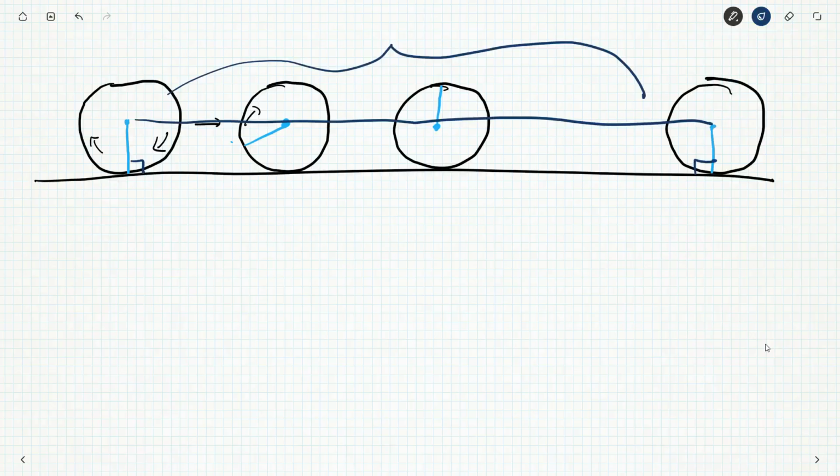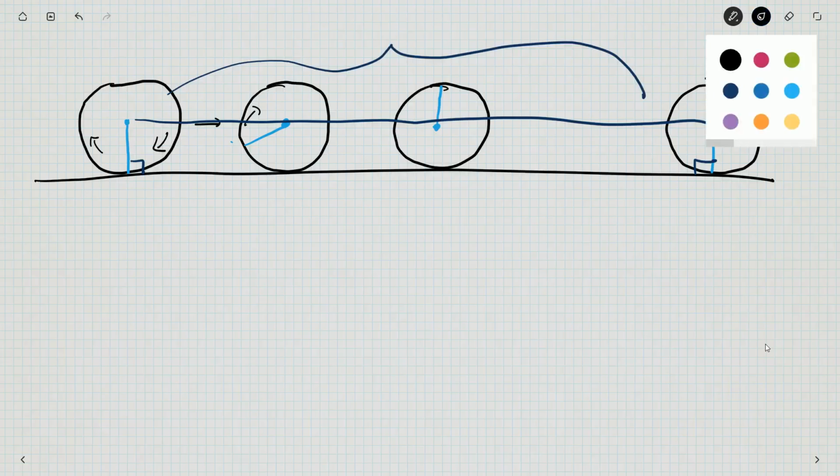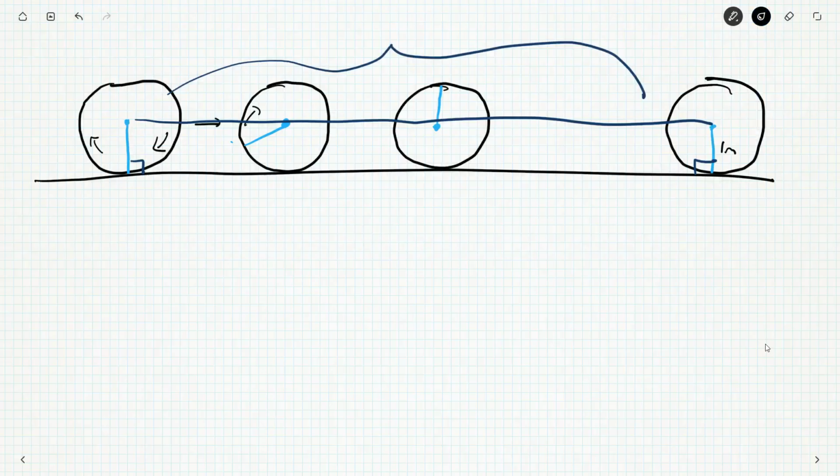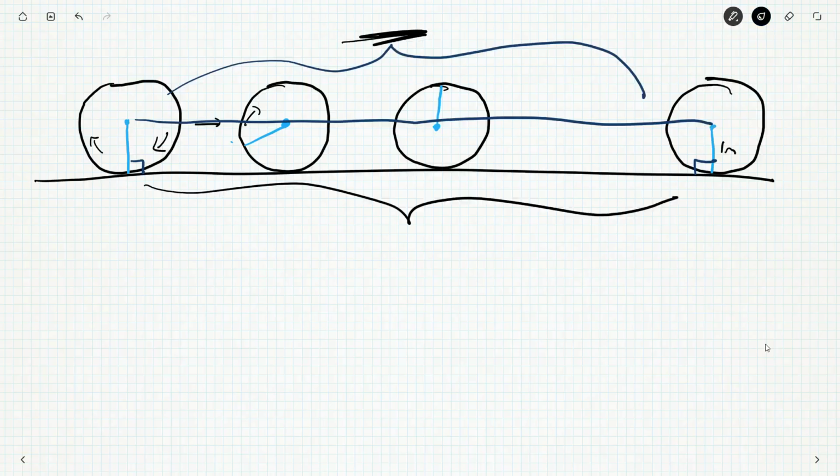And so I think we've got a rectangle of height 1 meter. The length is the distance that we want, but it's also the distance the wheel has basically traveled. So how can we work out this distance?